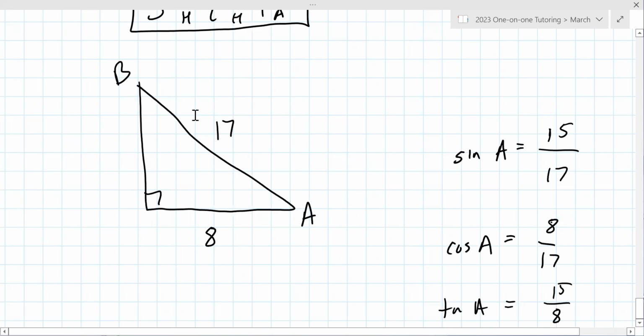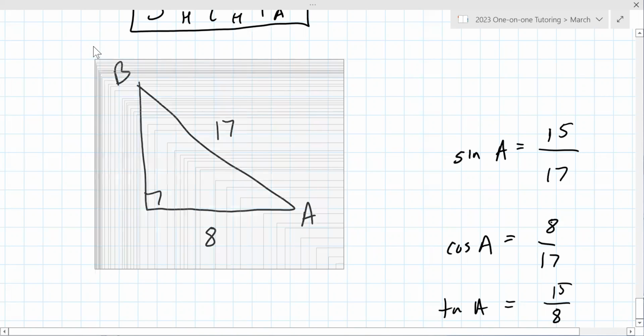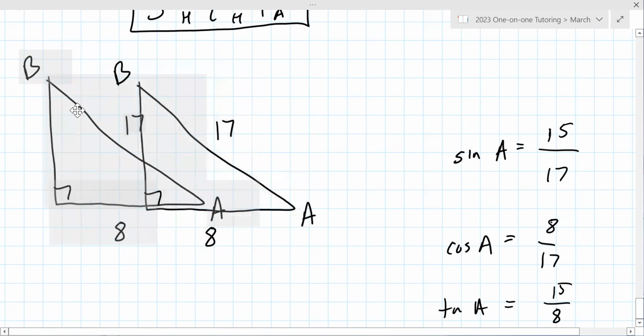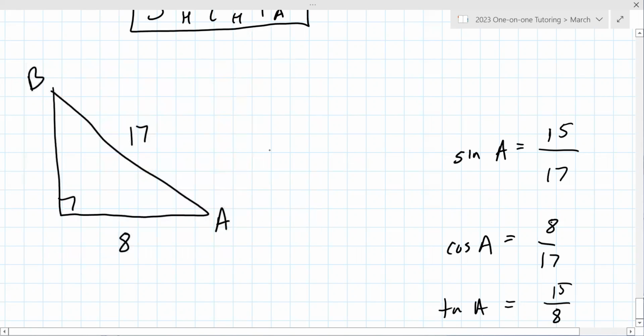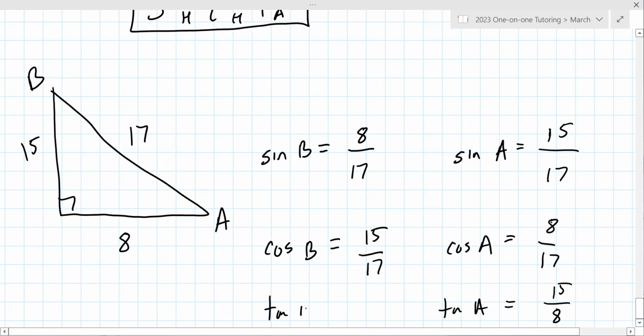Now watch this. Let's put B up there. What is the sine of B? It would be 8/17. Does that look familiar, already over here on your list? Yeah, it would be the cosine of A. That's interesting. We'll get to that at some point. What's the cosine of B? It would be 15/17, which is the sine of A. How about the tangent of B?